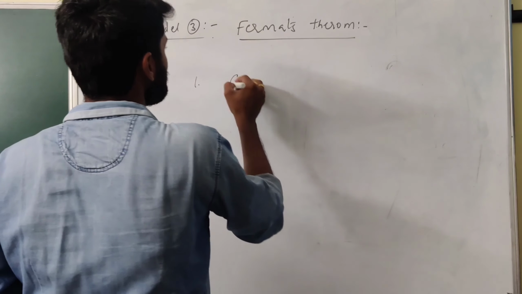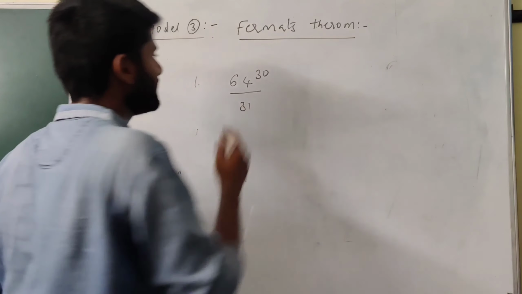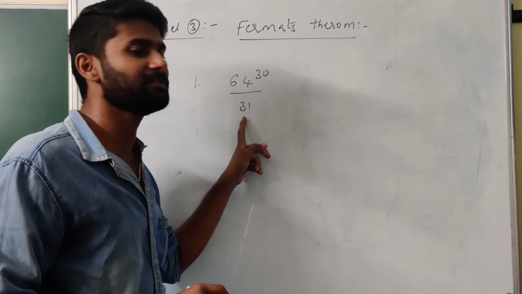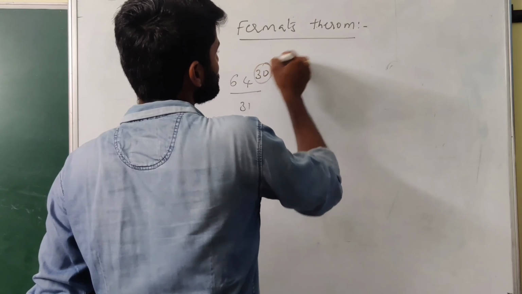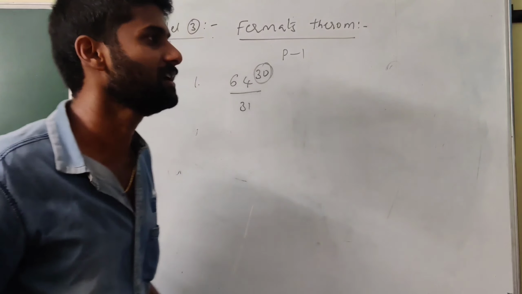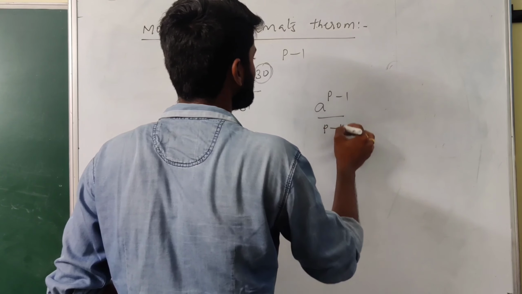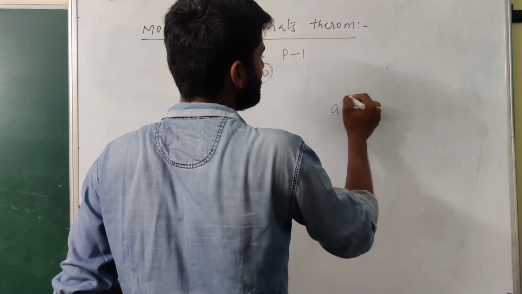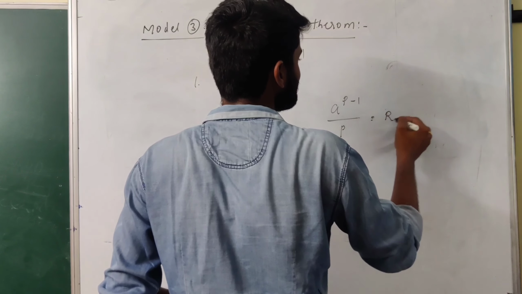See for example, if 64 power 30 is divided by 31. Again see, 64 and 31: 31 is a prime number, and 64 and 31 are exactly divisible by 1 only. And the power value is also in terms of p minus 1. So if any a power p minus 1 is divided by p, we get remainder 1.